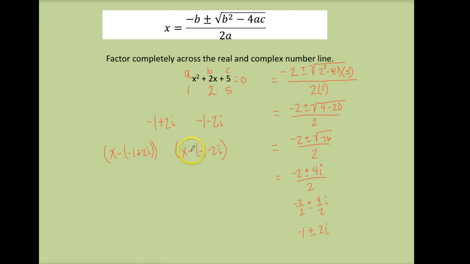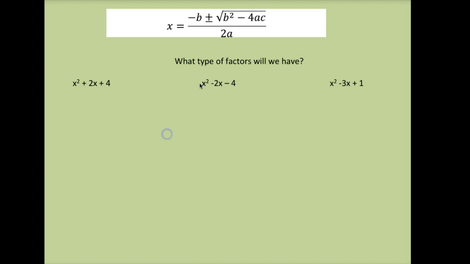It looks a little crazy, but when we get into the complex number line, it does have a bit more to it because we have a real and an imaginary part to our number. Now when we get to this slide, how do we know what type of factors we might have? That might be something that would be helpful, just to look at a problem and know, are my factors going to be real numbers? Are my factors going to be complex or imaginary?